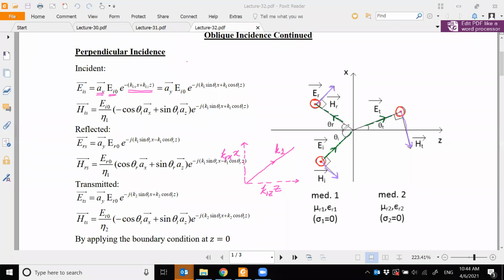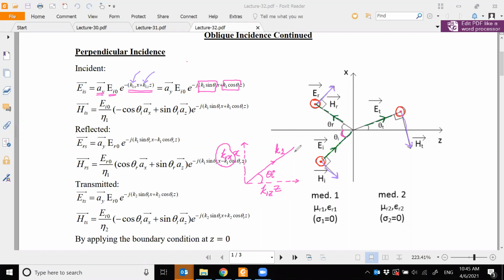If you see here, this is my angle theta I. Therefore, K1Z will be nothing but K1 cos theta I, and the X component, K1X, will be K1 sine theta I. This is how I get the component of K1 along the X direction and along the Z direction.